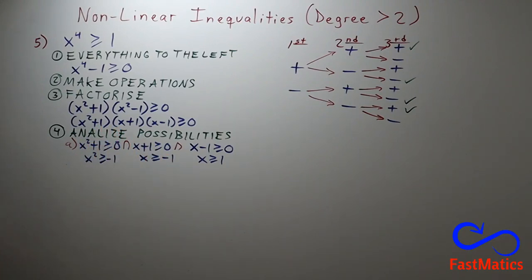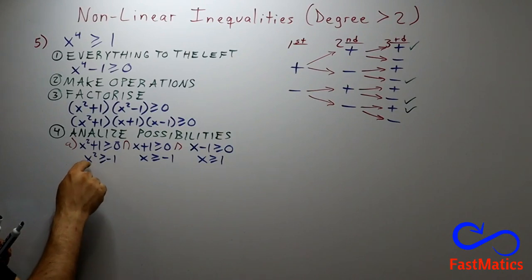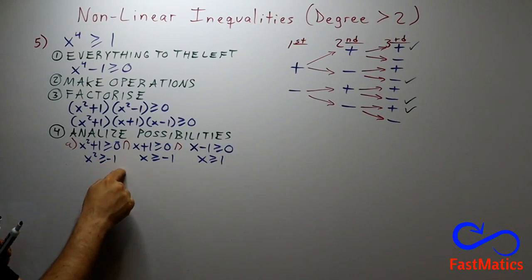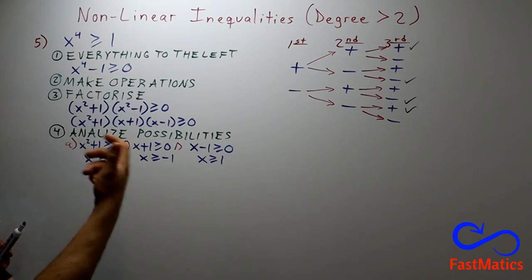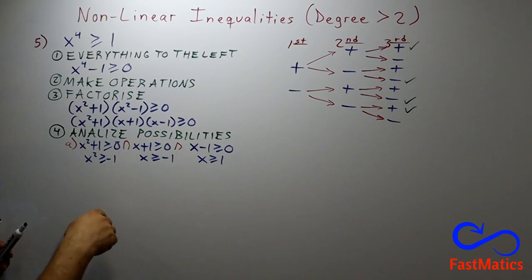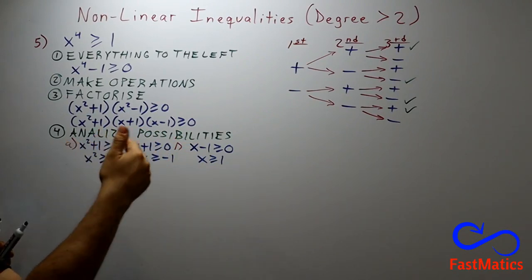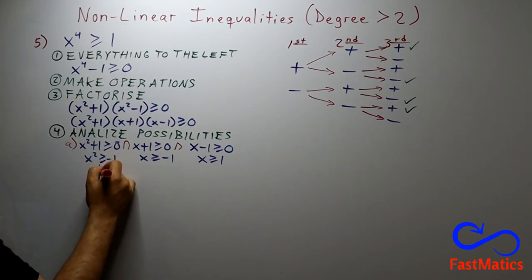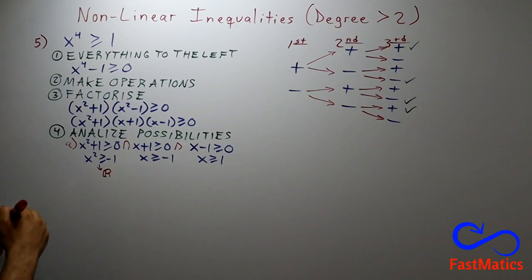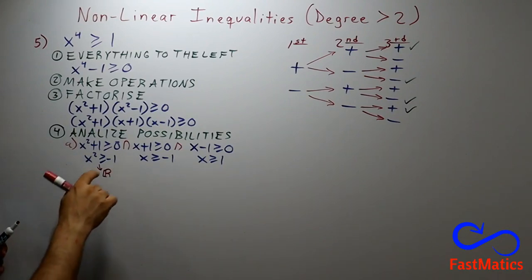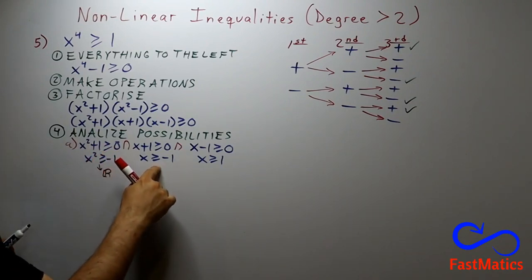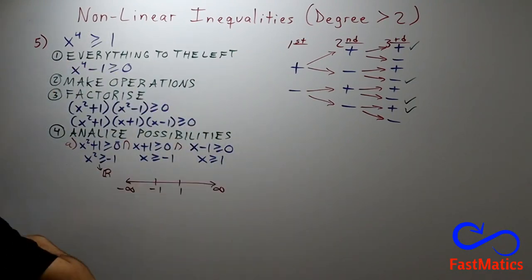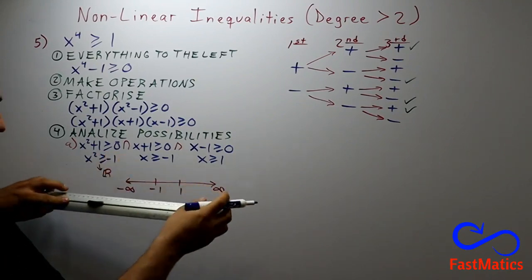But indeed, I see that any number squared will always be greater than or equal to negative 1, because a number squared will always be positive, and a positive will always be greater than a negative. So here the answer will be all the real numbers. Then if I intersect this answer with this answer with this answer, I will have the general answer of this part.